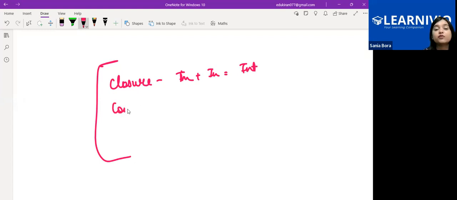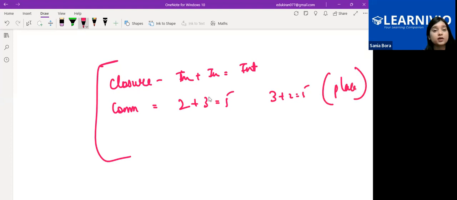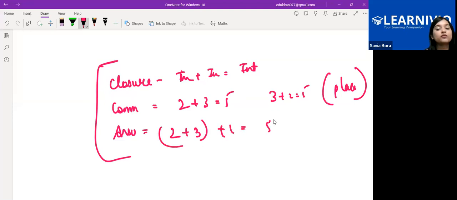Second one, commutative property. Commutative property says, for example, 2 plus 3 is giving you 5, so 3 plus 2 will also give you 5. That means they are talking about the place of the number. It doesn't matter. The answer should be the same. And the last one was associative property, which talks about grouping. Like 2 plus 3 plus 1: you got 5 plus 1, 6.